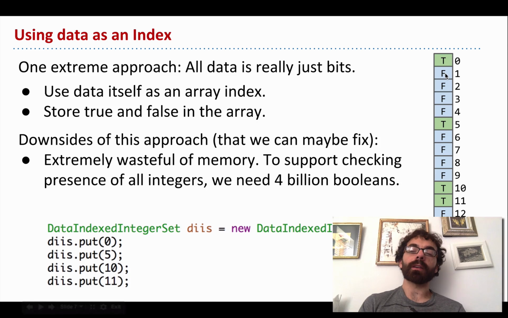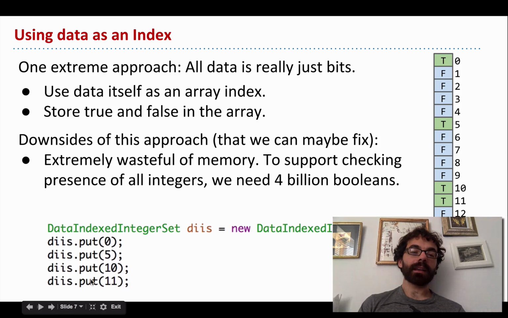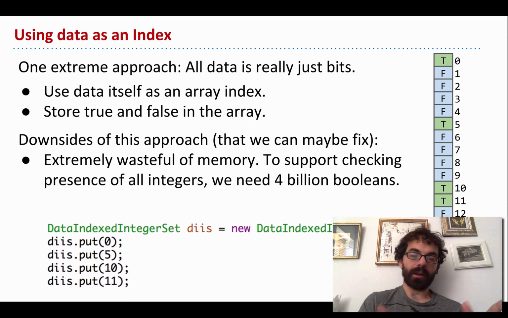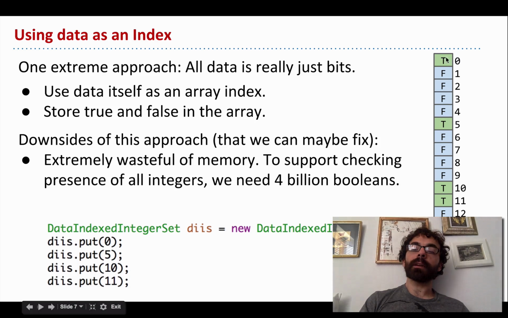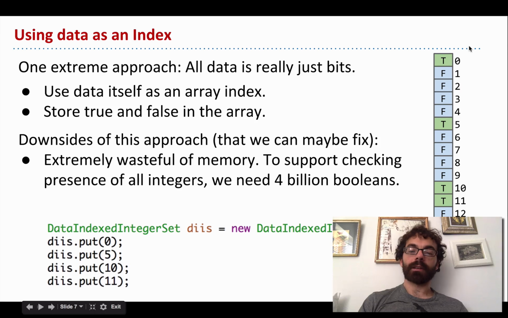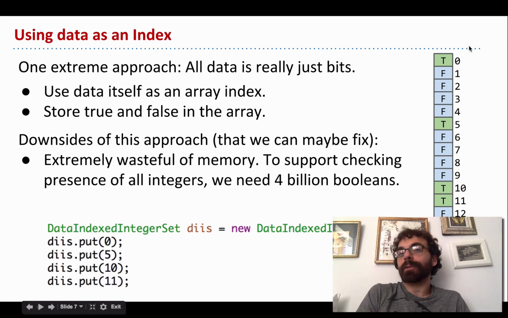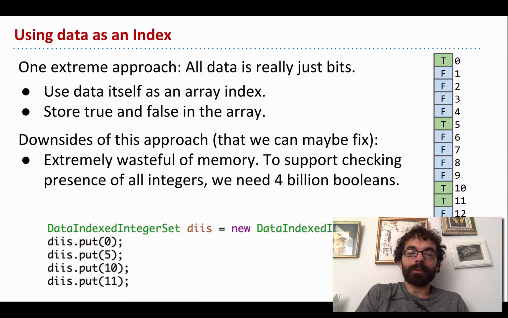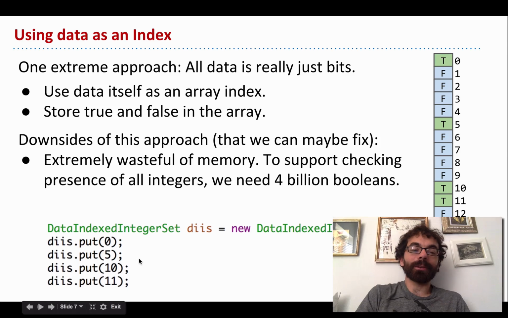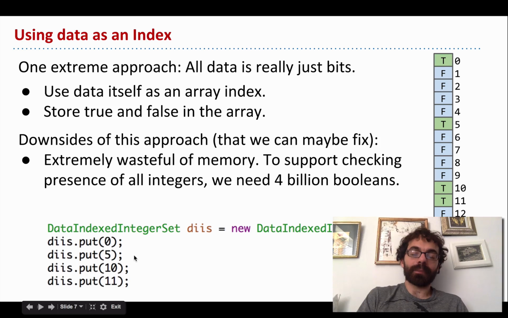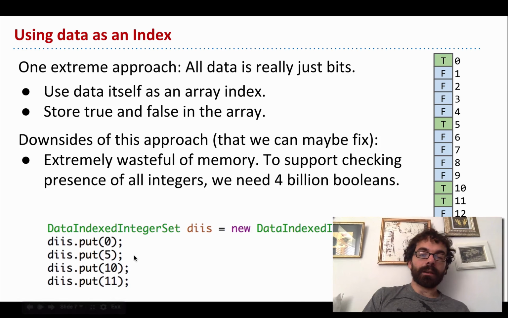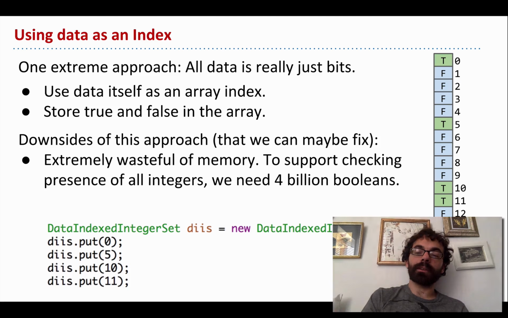But if I wanted to support the ability to put and get any integer, I would need 4 billion booleans, one for each possible integer, because in Java the range is 2 to the 32nd, which is around 4 billion. So the memory usage is not going to grow with the number of items you put in the set. You're just going to use the maximum possible memory. That's pretty bad. If this approach is going to be any good, we're going to have to eventually fix that.